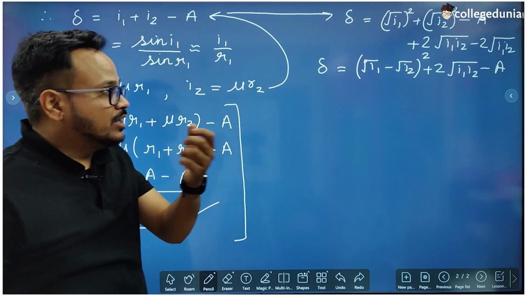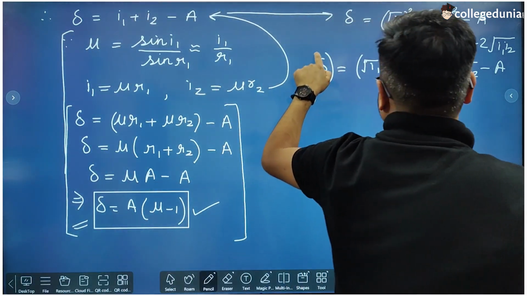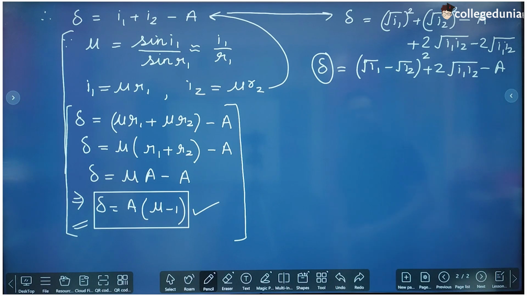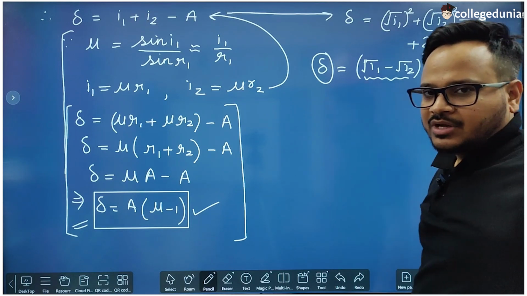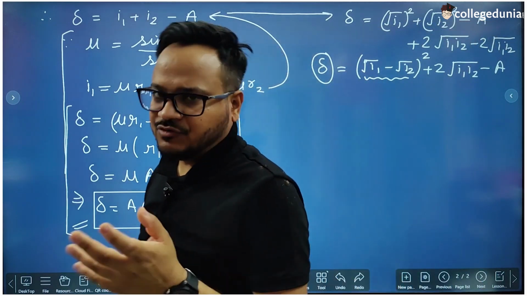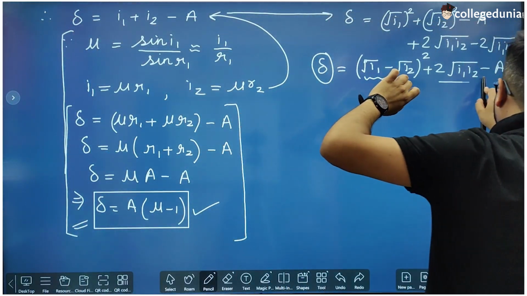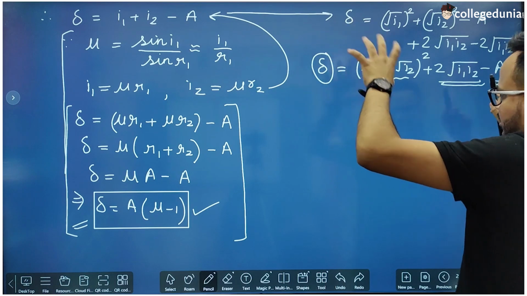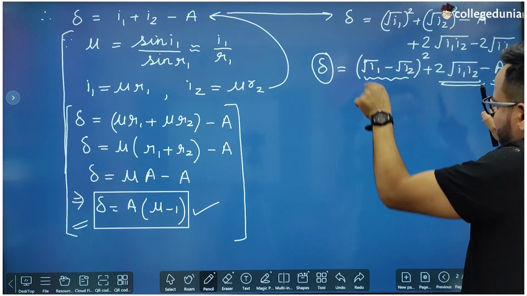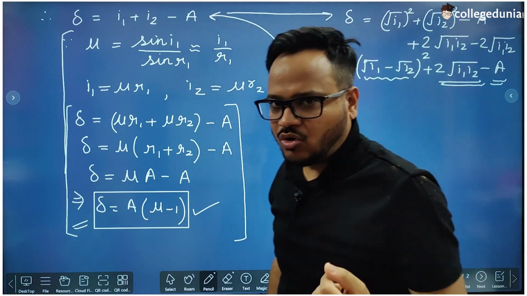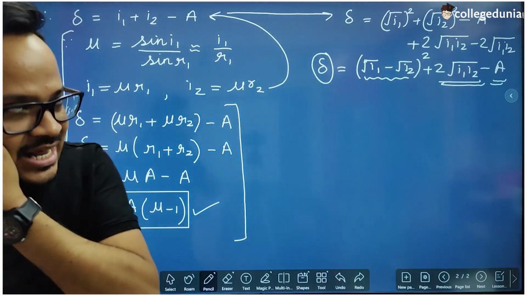And clearly, if we want to see the minimum value of delta, the minimum value of delta is when the square term is 0, because the minimum value of a square is always 0. So this will be minimum because these two are fixed. It will be minimum only when the square has the minimum value 0, because a square cannot be negative.